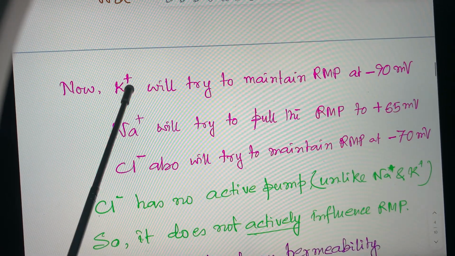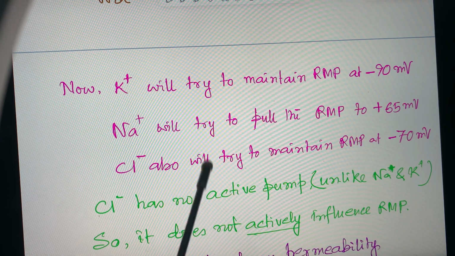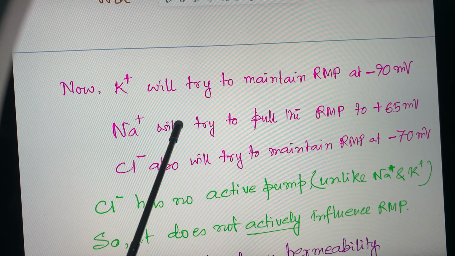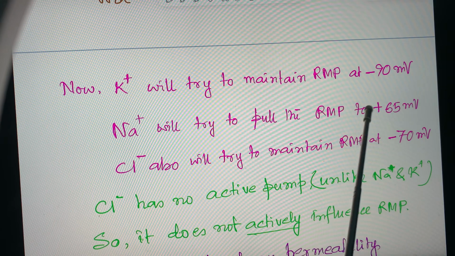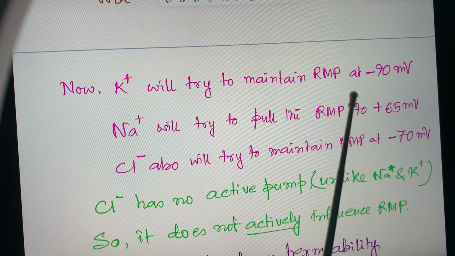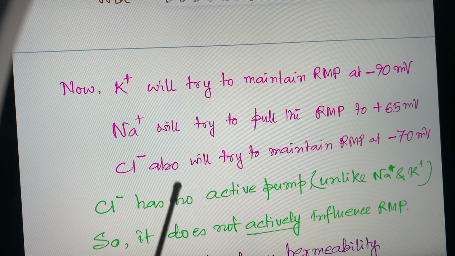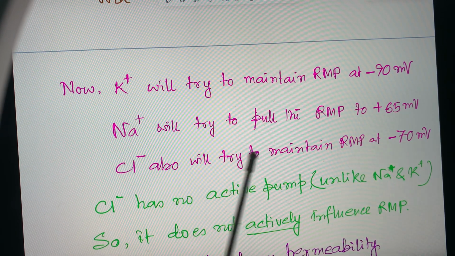Now what happens, potassium will try to maintain resting potential at its own equilibrium potential, which is minus 90 millivolt, whereas sodium will try to pull the RMP to its own equilibrium potential, that is plus 65 millivolt. And chloride also tries to maintain RMP, that is resting potential, at minus 70 millivolt.